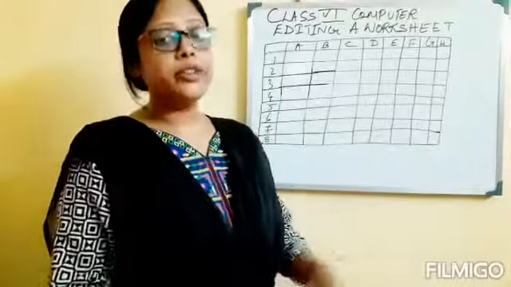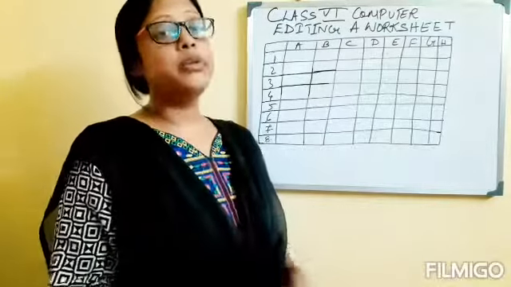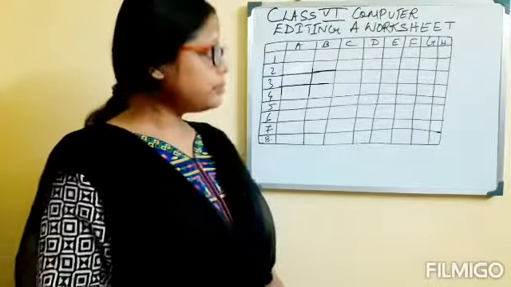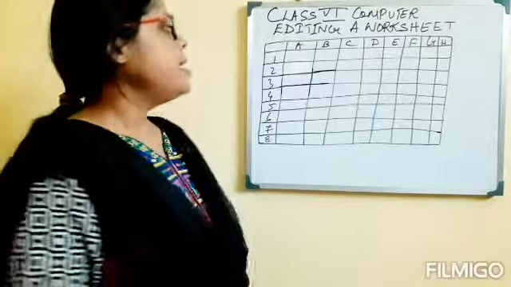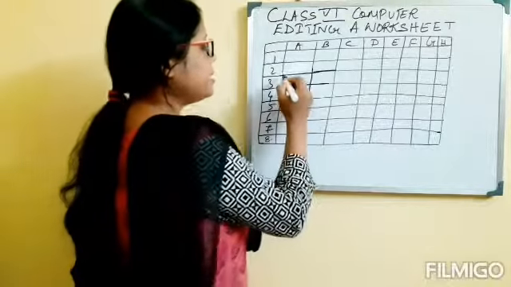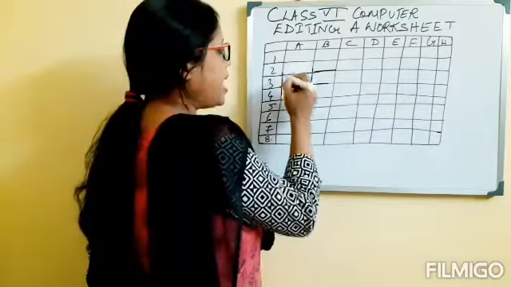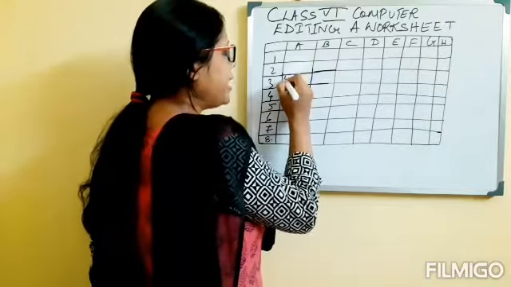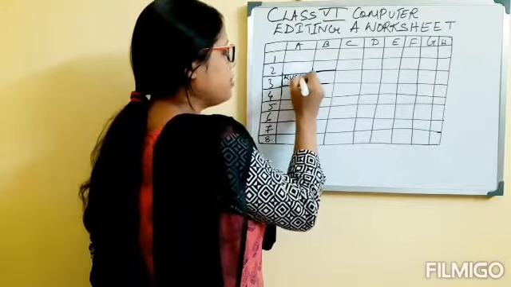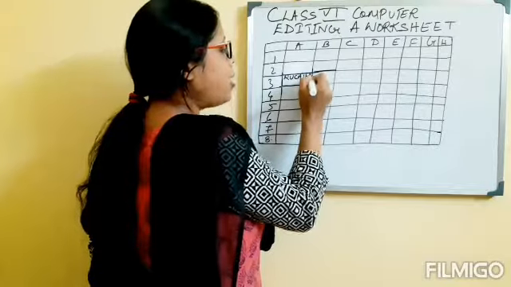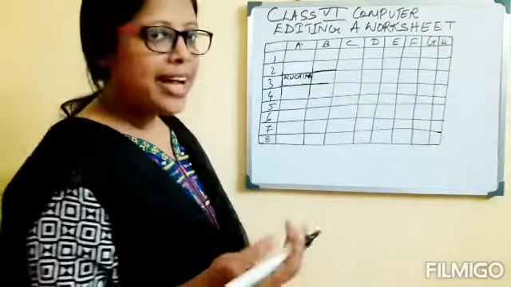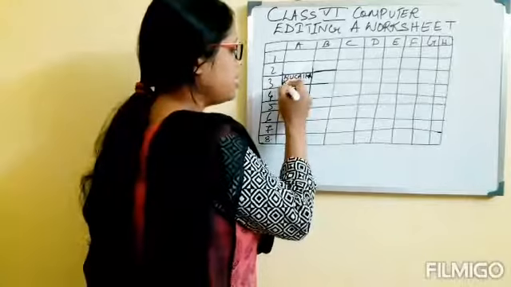That is the time you will use the undo option. For example, suppose in cell A3 I had the text Ruchika, and later on I modified it and wrote Khanna.